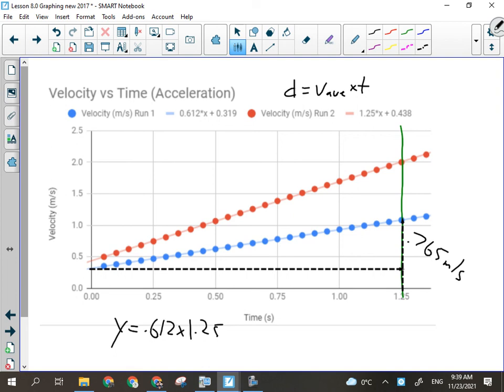So what I need to do there is simply 1.25 times 0.765 over 2. And then for this, it'll be 1.25 times 0.319. So average velocity times time plus average velocity times time.